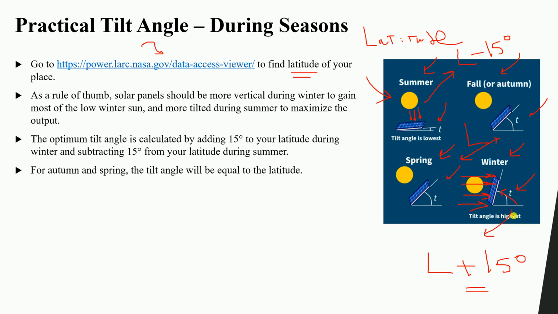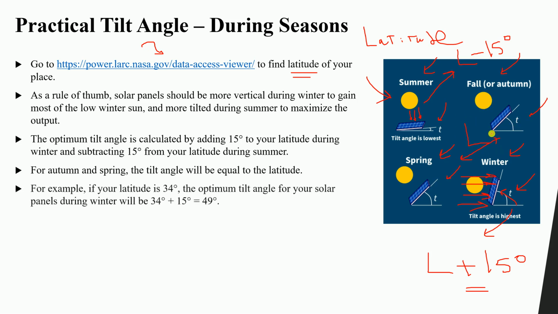If you want the best angle in winter, you take the latitude value and add 15 degrees. If you are looking for the best angle during spring or autumn, you choose the tilt angle equal to the latitude. As an example, if your latitude is 34 degrees, the optimum tilt angle for your solar panels during winter will be 34 plus 15, since we are talking about winter.